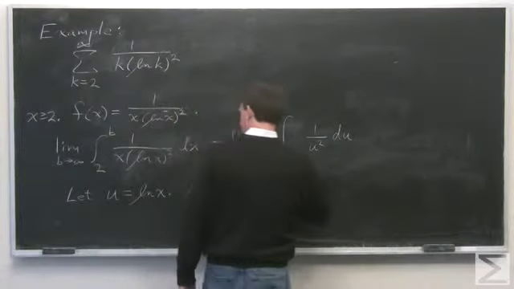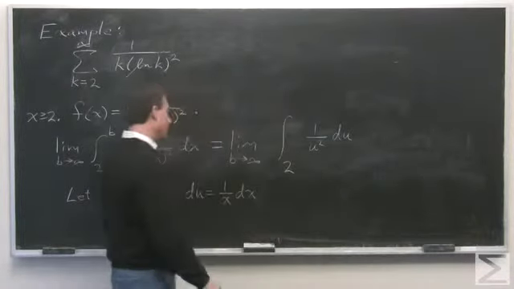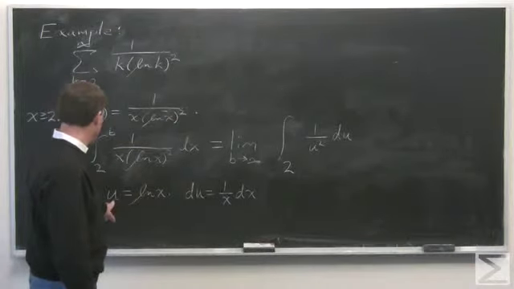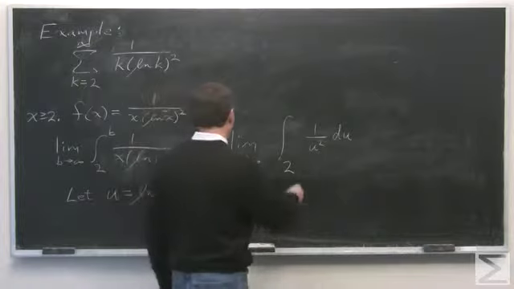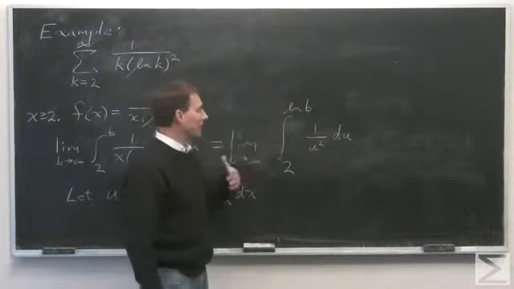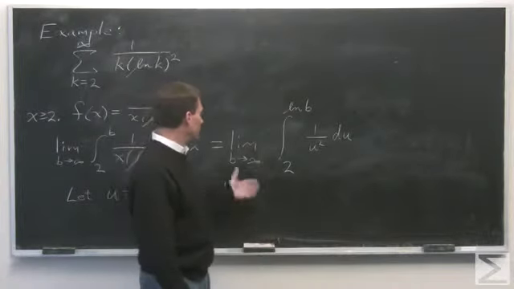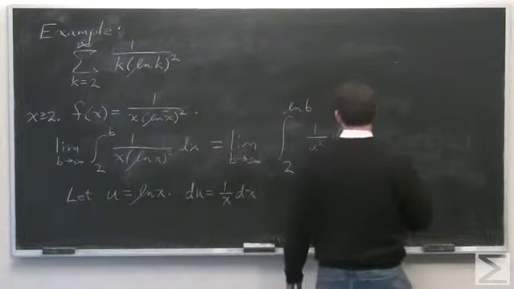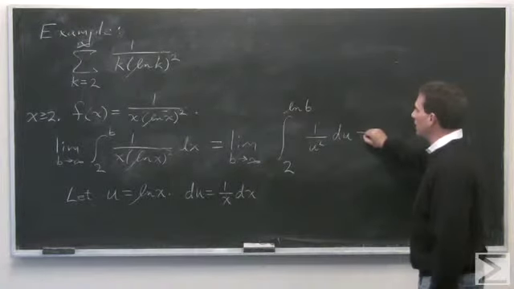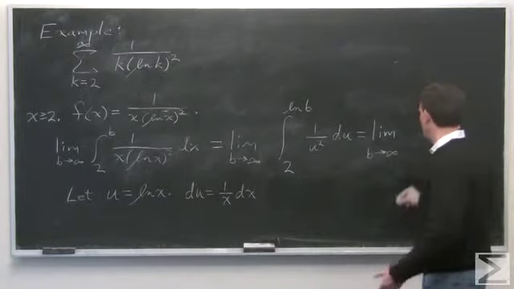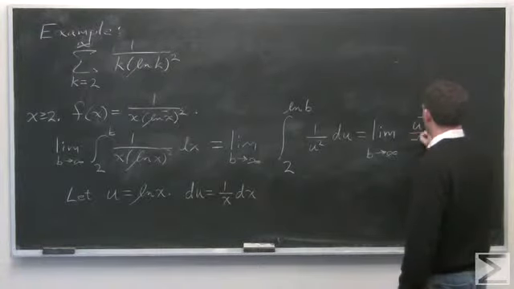So let's do this. From 2, and when x is b, u is the natural log of b. What's important here is that as b goes to infinity, the natural log of b goes to infinity. So this is just the integral from 2 to infinity of 1 over u squared du. You get the limit as b approaches infinity. Again, this is u to the minus 2. It integrates to u to the minus 1 over minus 1.